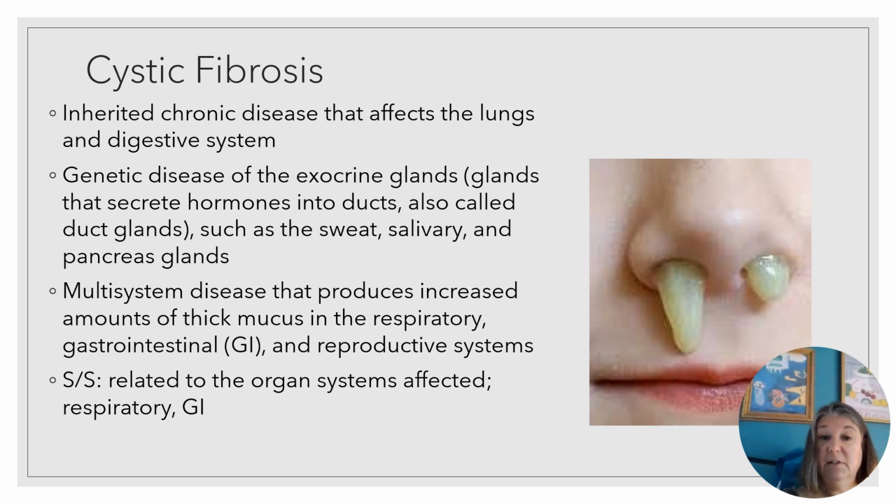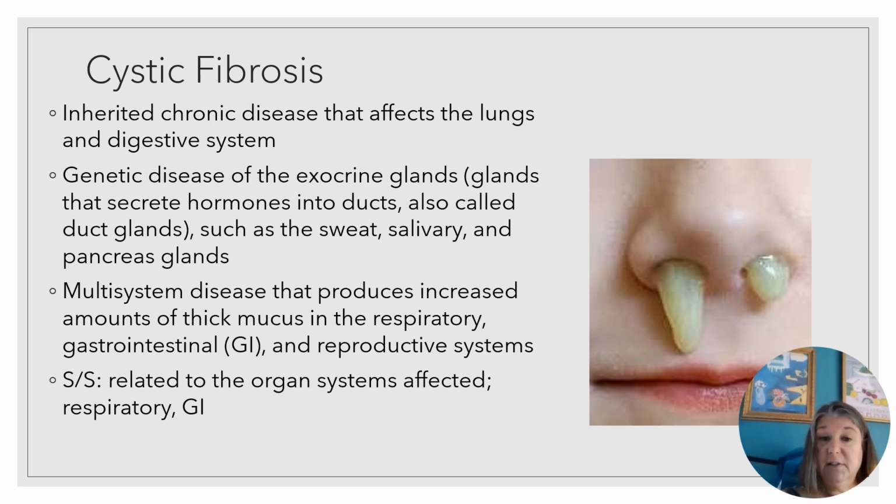The other thing with this thick mucus, you can have bowel obstructions, right? Because this mucus gets in there and it just plugs up the tubes. So you can end up with bowel obstructions. We talked about it with respiratory, what thick mucus can do.